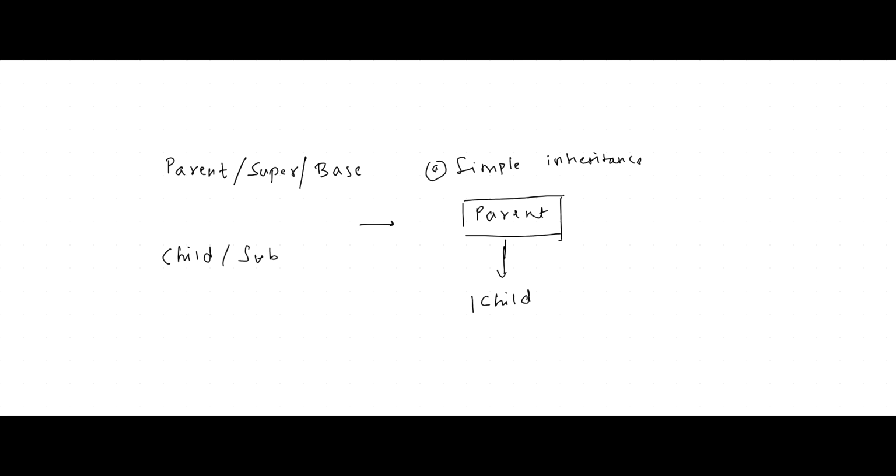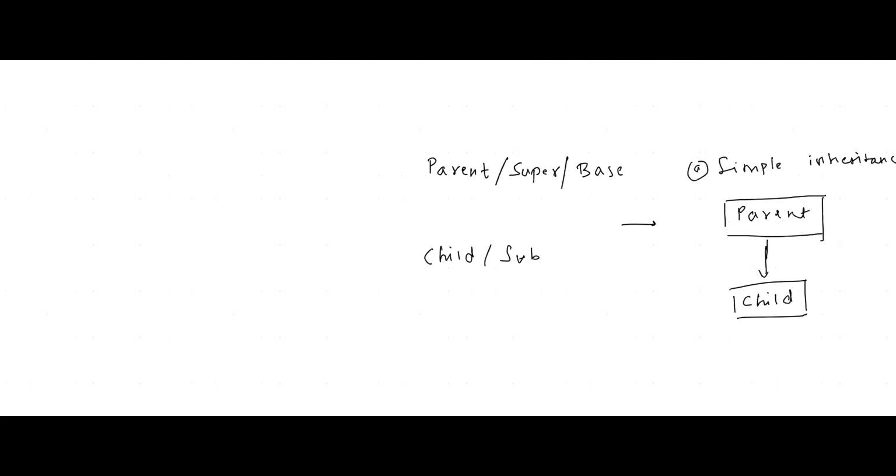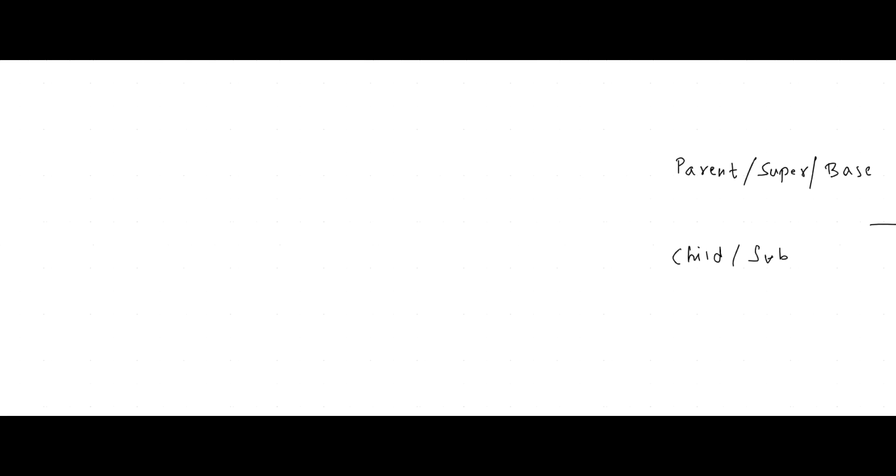One parent, one child. Now, in other cases, what we have is called multi-level inheritance. Let me use the entire whiteboard for this. Your multi-level inheritance looks something like this.